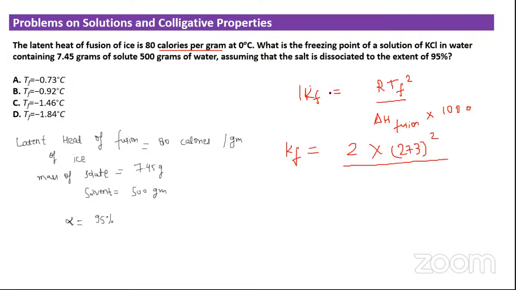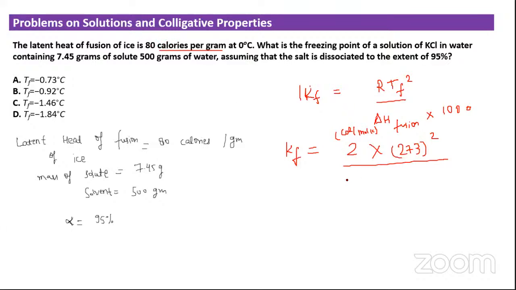And delta heat of fusion is given as 80 calorie per gram. While this R value is in calorie per mole Kelvin, so you have to convert this also to mole.